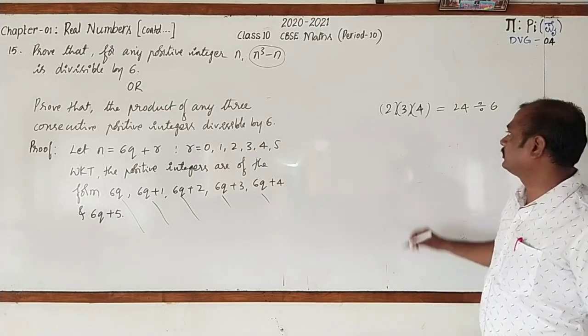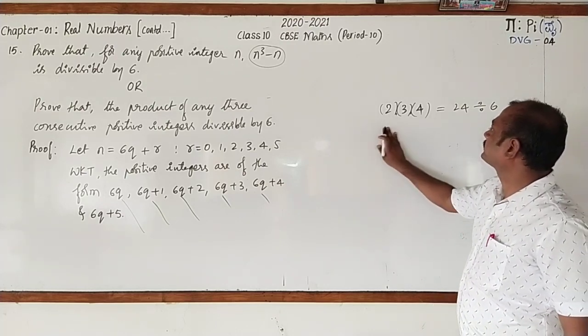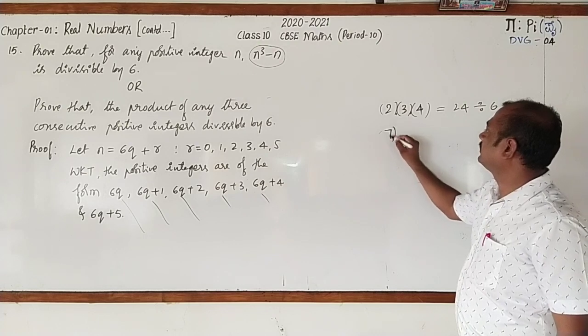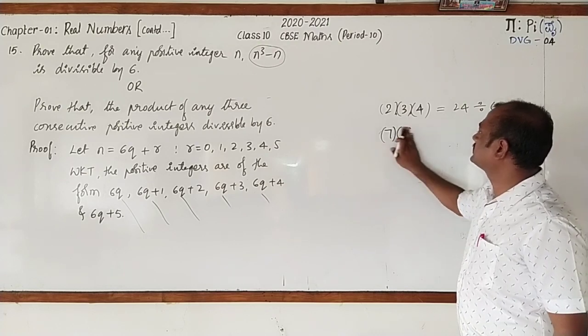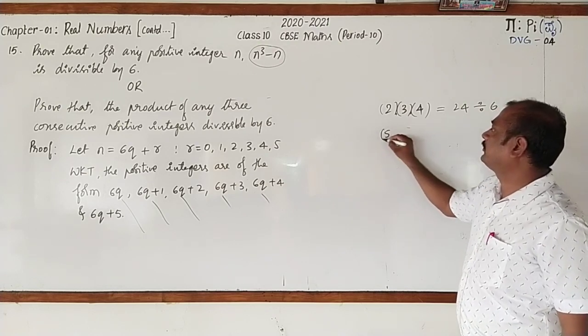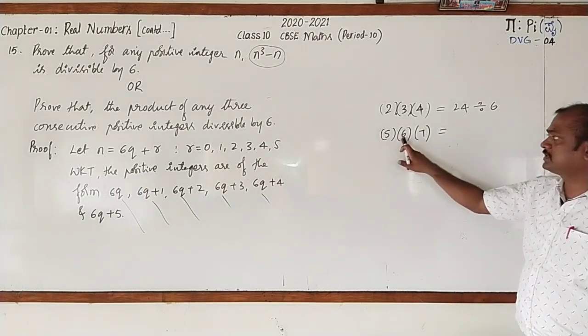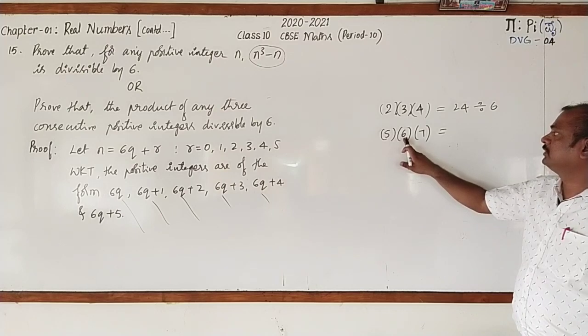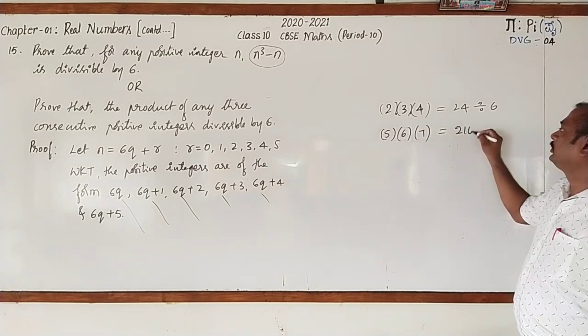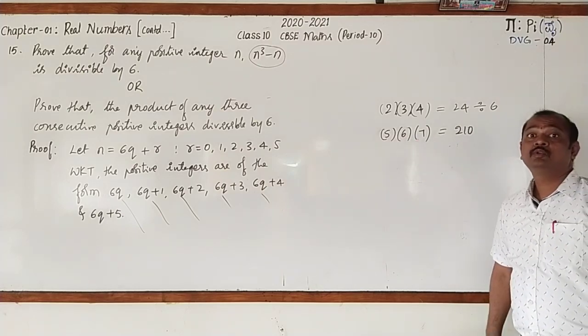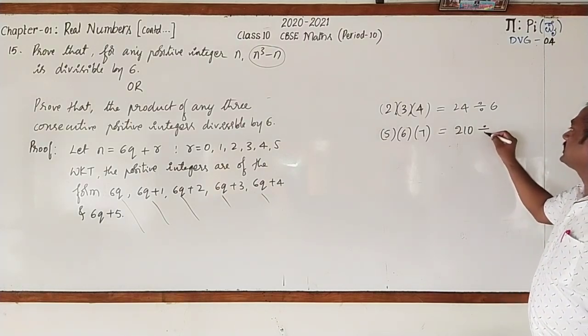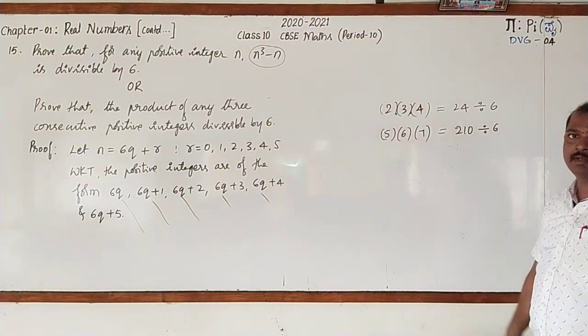Now I take another one, 5, 6, 7. 5 6s are 30, 30 7s are 210. 210, whether it is divisible by 6? Certainly it is divisible by 6.